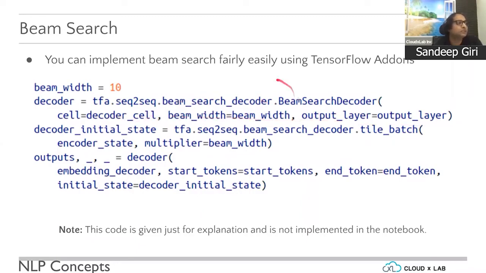Because the previous word will be fed back to the decoder cell. The previous outcome will be fed back here. And the initial state is the encoder state, which we give to the beam search decoder. The example that we have given, and that's about it.